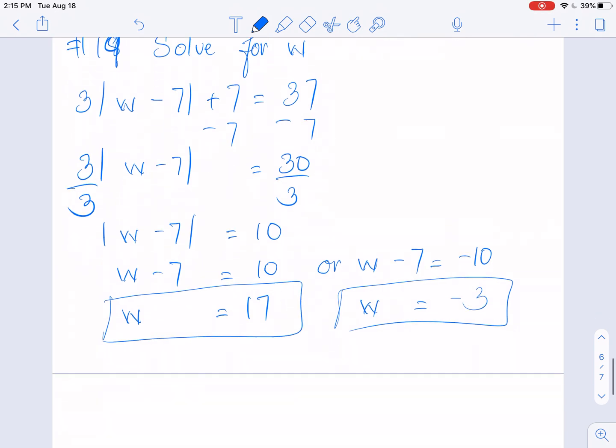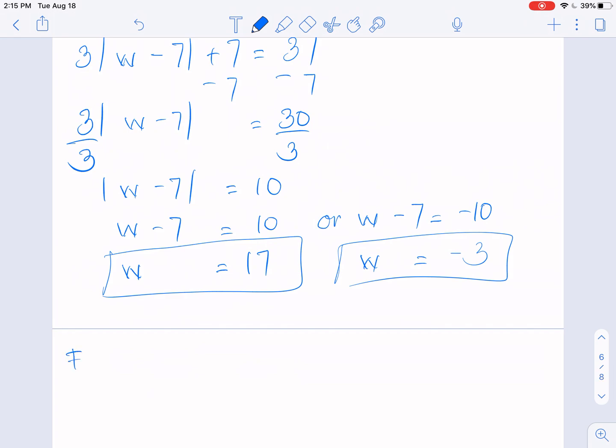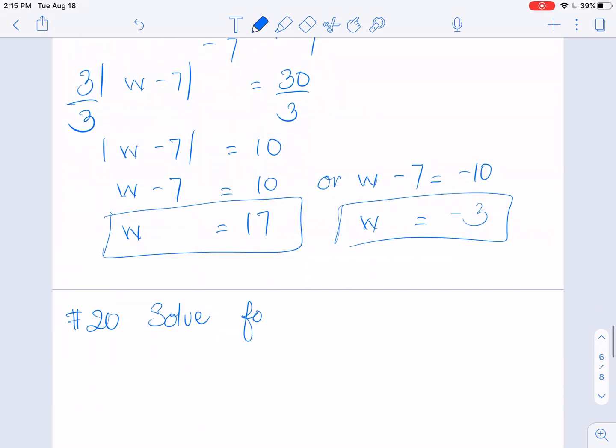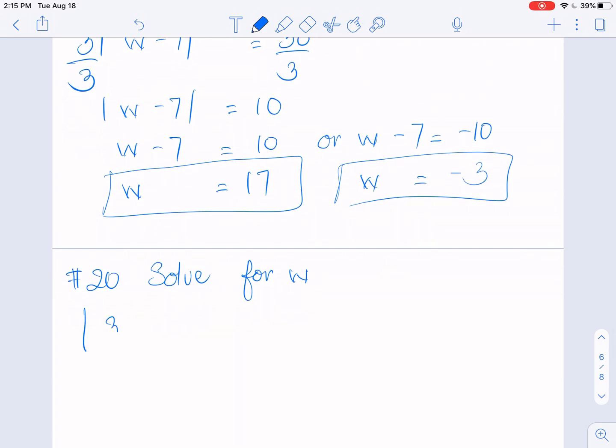So for number 20, when you have absolute values on both sides, what I have is the absolute value of 3w plus 4 equals the absolute value of 3w plus 5.